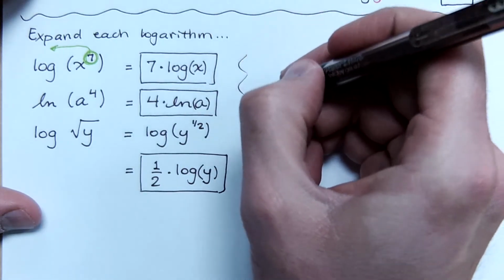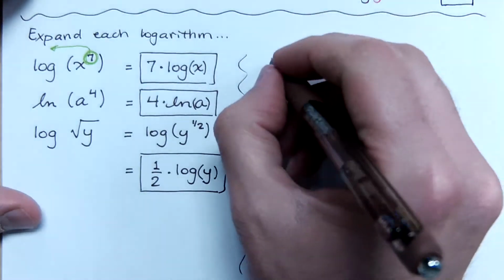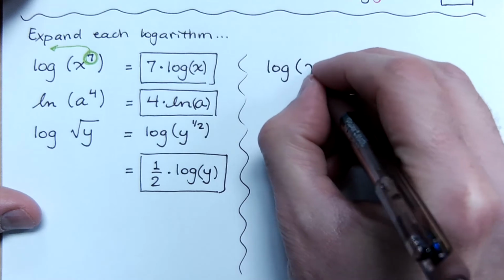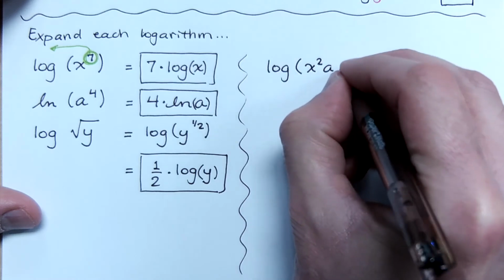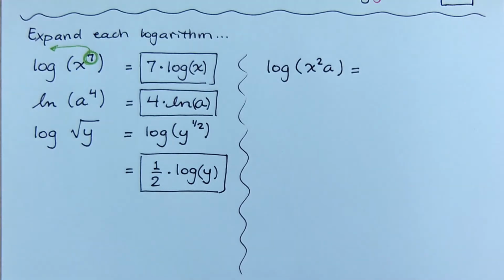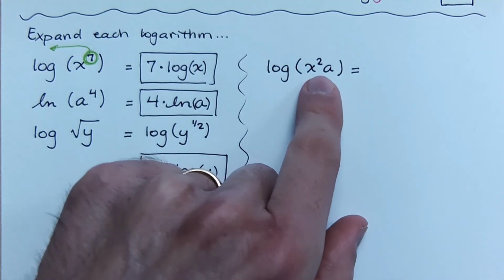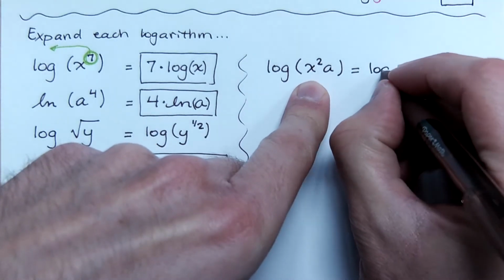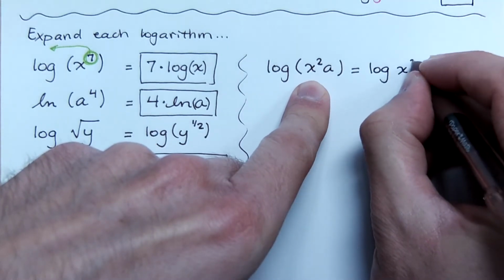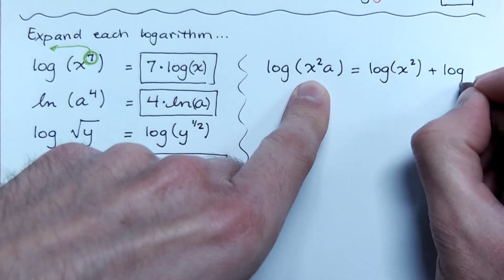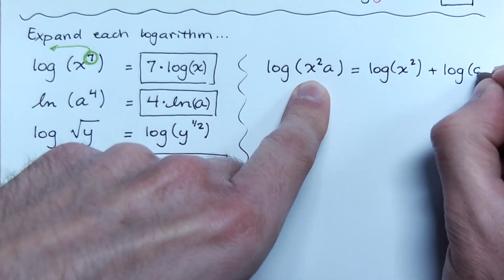One of the other properties that we saw with logarithms allows us to take a product that's on the inside. For example, if I say log of x squared a, I can rewrite this by taking this product on the inside and rewriting it as a sum: log of x squared plus the log of a.